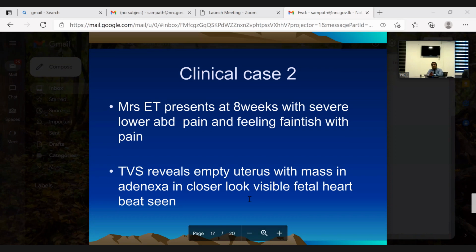So, clinical case 2 of Mrs. E.T., 8 weeks, with evidence of rupture and a mass with viable fetal heartbeat, needs to be operated. You can have extended matching, you can have best of 5, and whatever, the best is to remove that tube. So salpingectomy, either open or closed, is indicated.